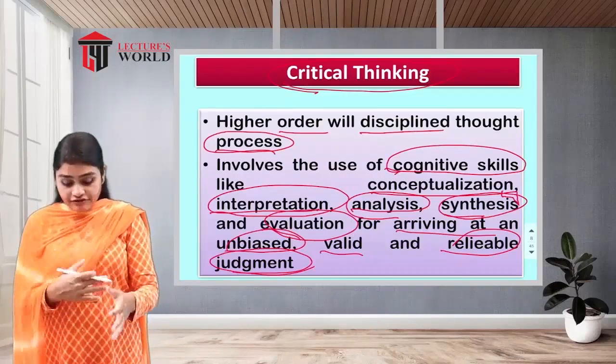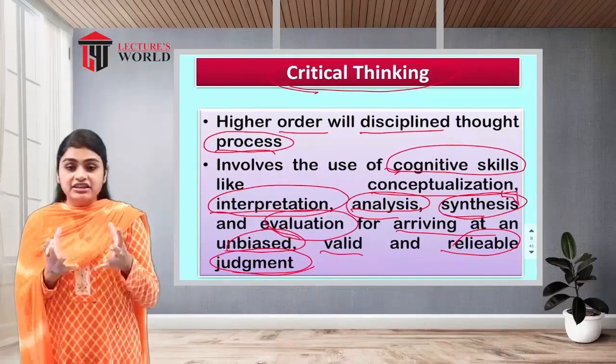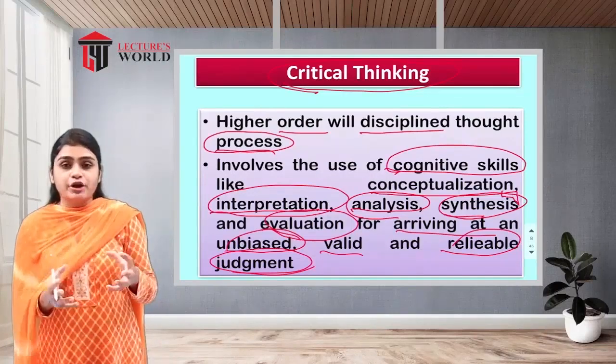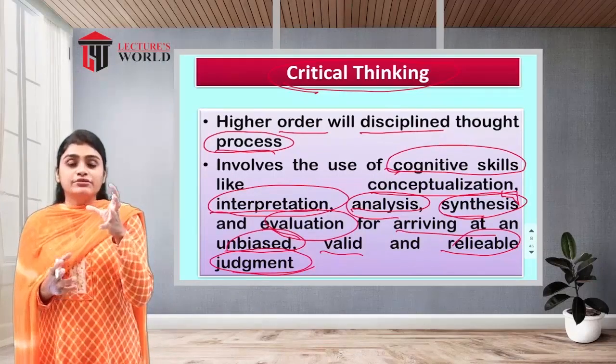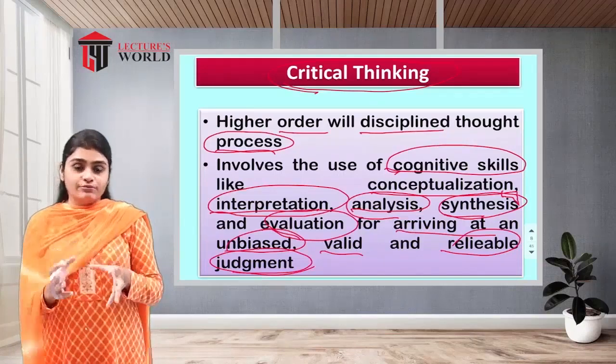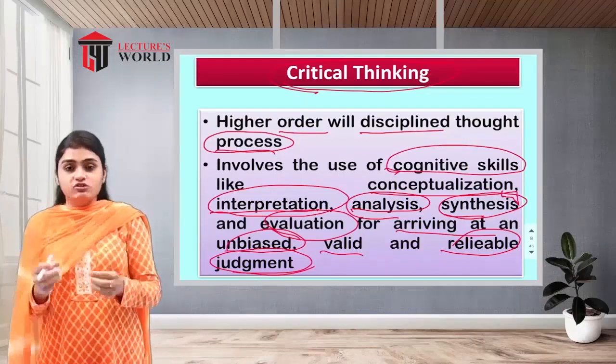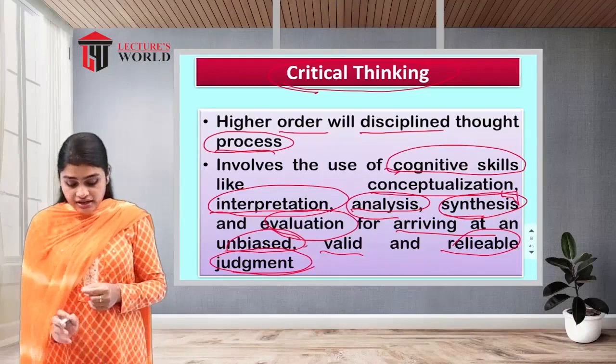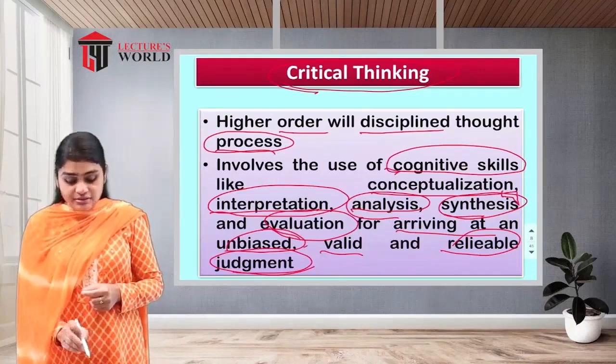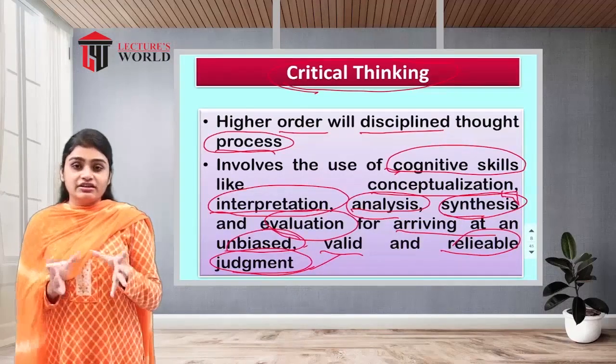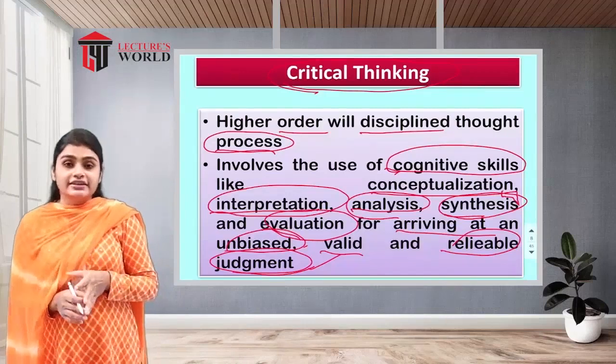After going through all these steps, we need a good decision for that particular problem. We need an unbiased decision for that problem or for whatever situation it is. So unbiased, valid and reliable judgment we need, and for that judgment we are in need of this critical thinking.